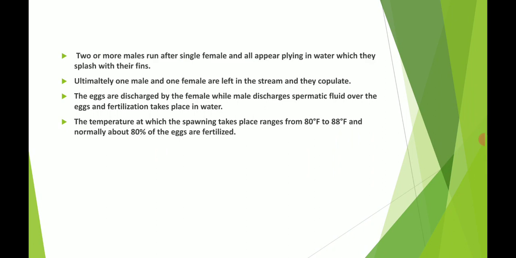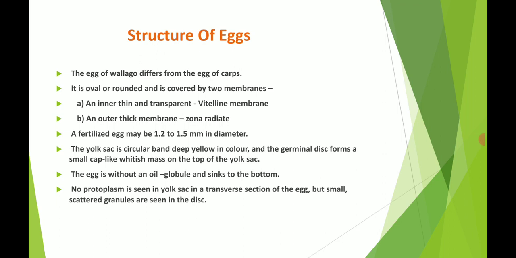Now let us see the structure of eggs. The egg of Wallago differs from the egg of the carps, both the Indian as well as the exotic carps, in its egg structure.